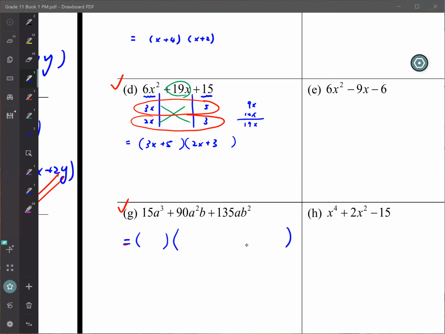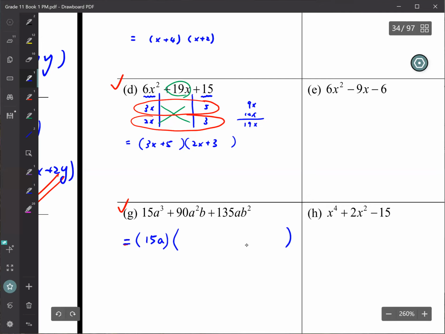Okay, Selena, what's the GCF for this one? 15a. Okay.